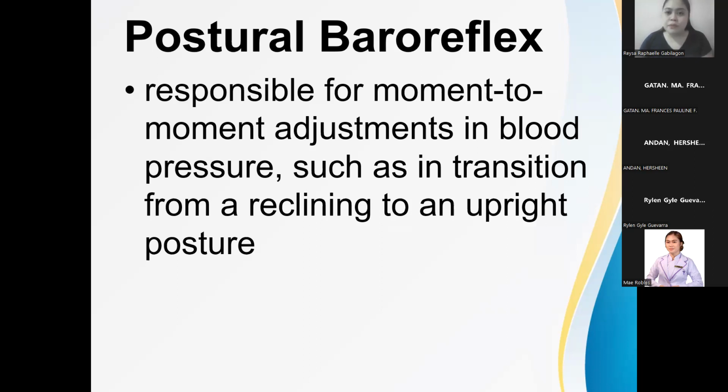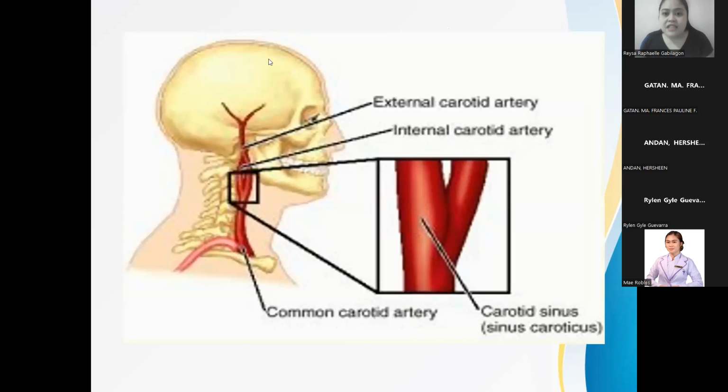So this postural baroreflex will correct your blood pressure and take it back to the normal level. Now, where can we see our postural baroreflex? It's found there in our carotid artery, and there you find the carotid sinus, that is our postural baroreflex.